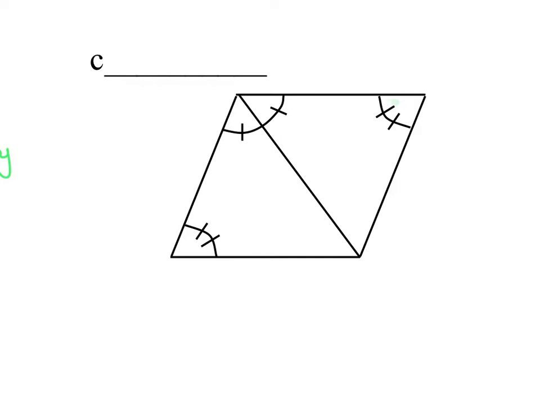Now I have this angle congruent to this because they have the same tick marks. This angle is equal to that angle because they have tick marks. So far in this triangle, I have two angles marked. So that's an A and an A. So I need a side. I can see that those two triangles have this side in common. This is a common side.